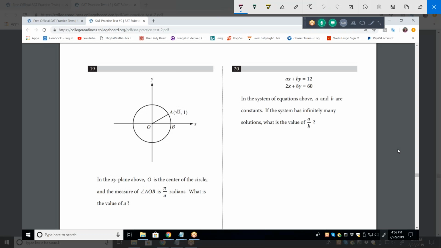So this angle they're telling us is pi over a radians. What is the value of a?